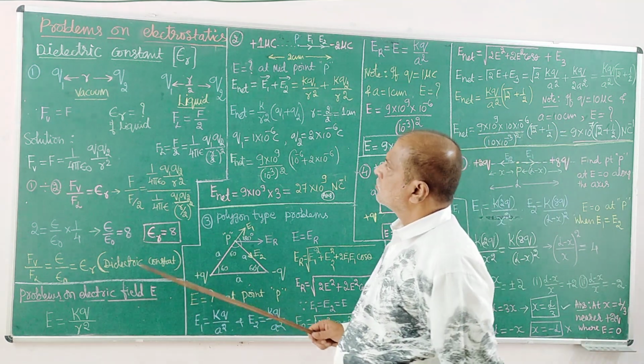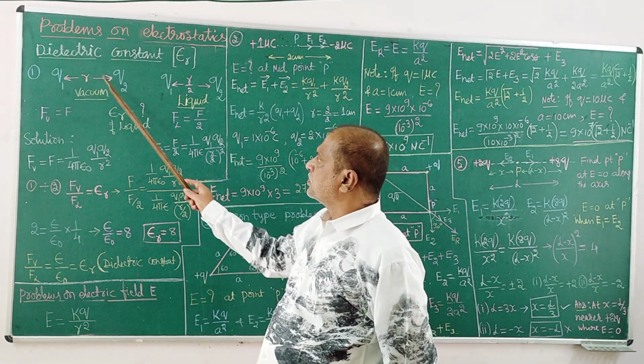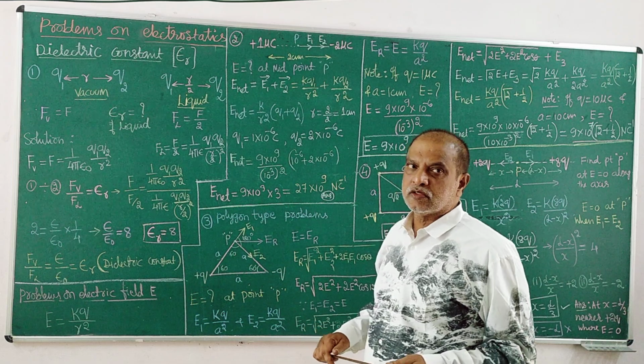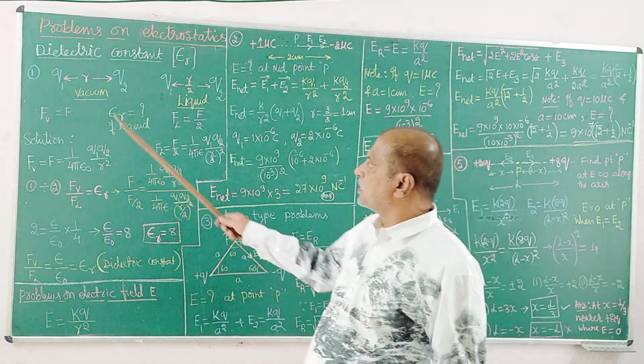Here there are two charges in the space. The space between them is vacuum, empty space.